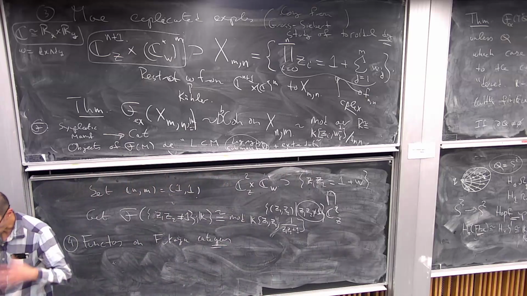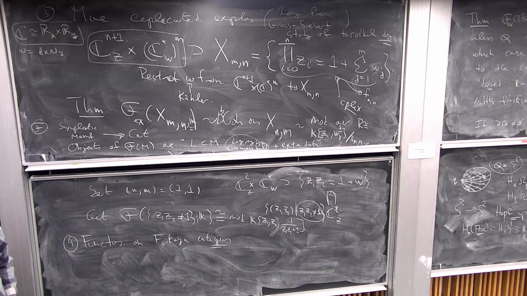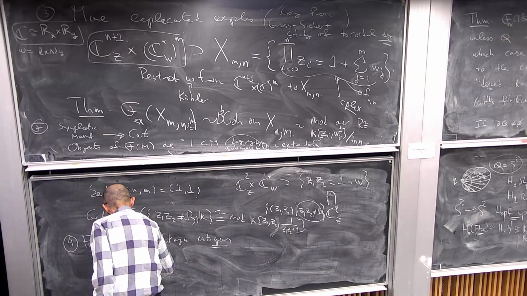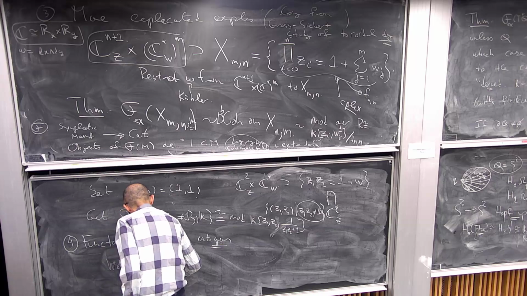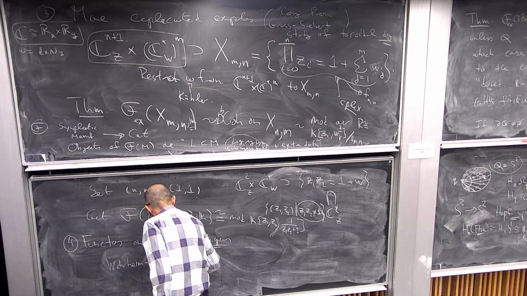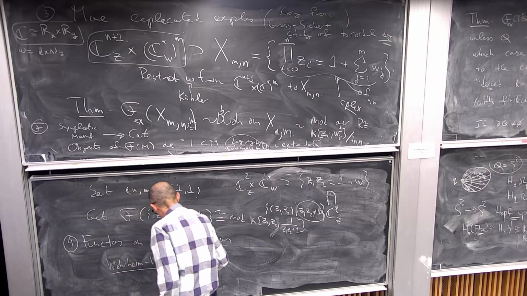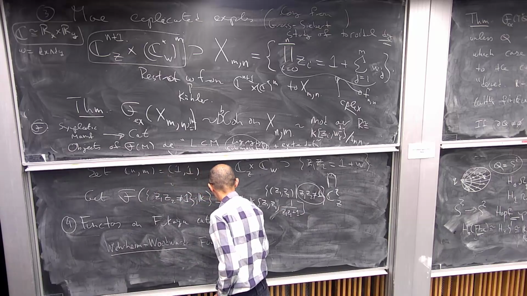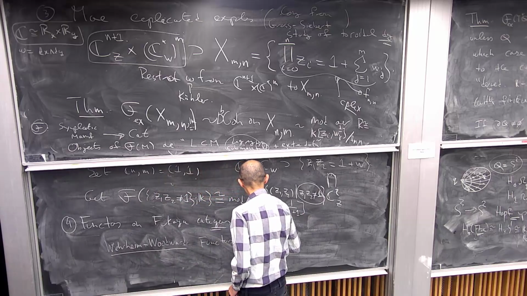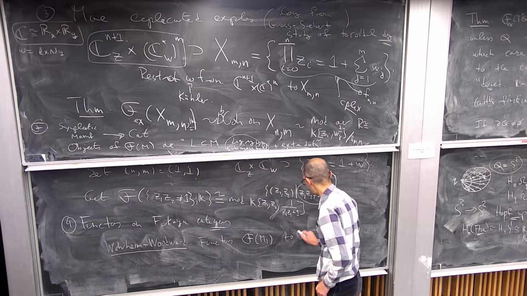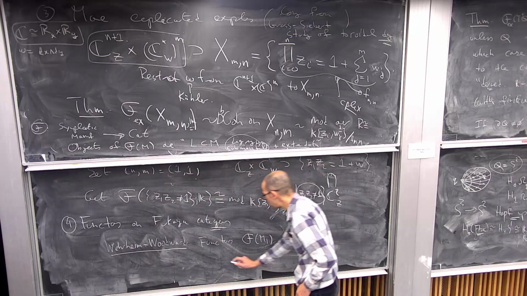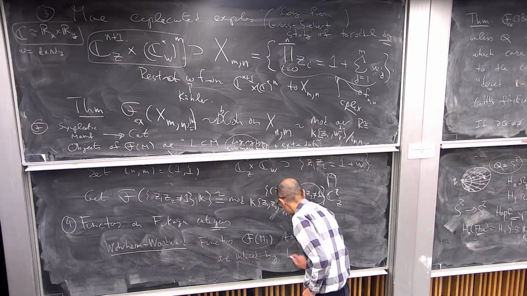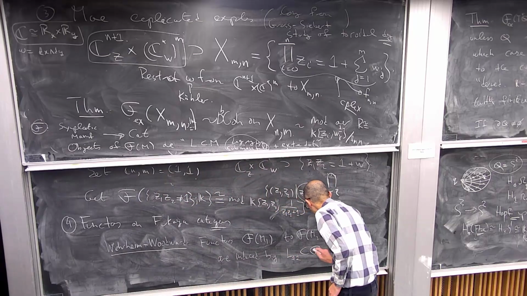So there's a very, very general perspective here that's due to Wehrheim and Woodward, which is that functors from the Fukaya category of M1 to the Fukaya category of M2 are induced by Lagrangians living inside the Fukaya category of the product.